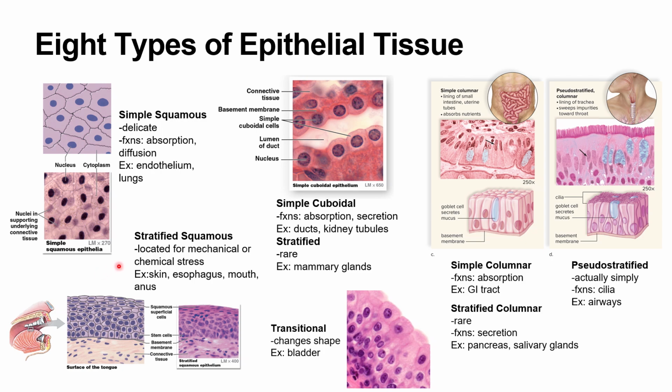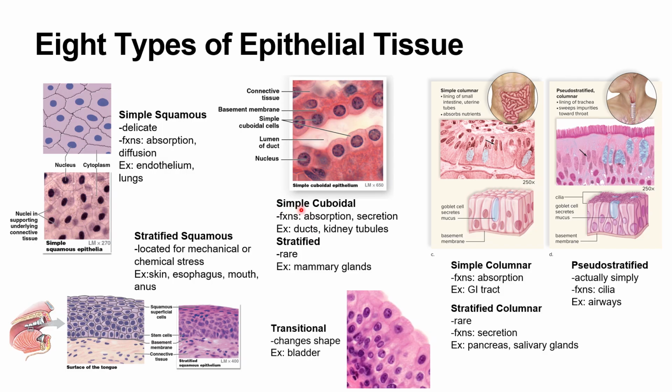M-A-S-T-I-C-A-T-I-O-N. Mastication is our medical terminology for chewing. So we need to make sure that we have plenty of resistance to the mechanical forces of chewing in our mouth as well.